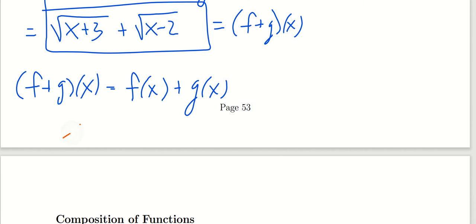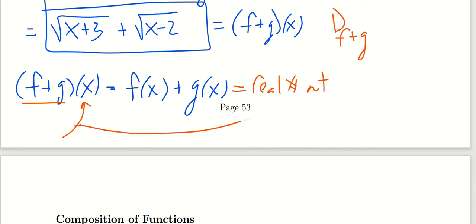Well, what that means is that you're able to plug it into this function, and you're able to get a real number out. That's what the domain of f plus g means. It's what values can I plug into this function so that at the end of the day we get a real number out.